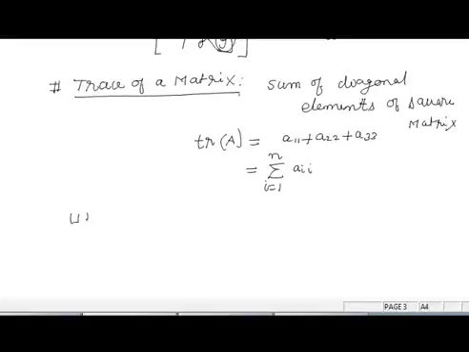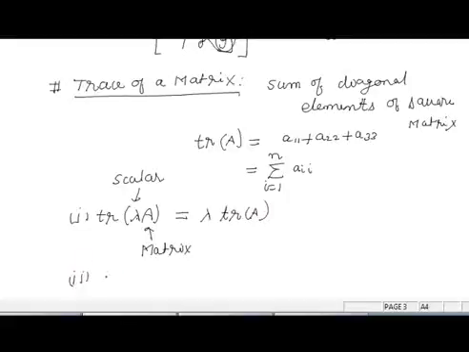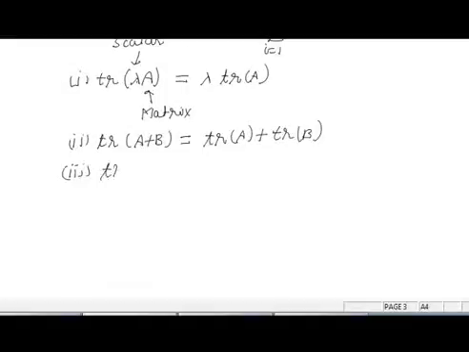There are certain properties of the trace of the matrix. First, trace of lambda times A, where lambda is a scalar and A is the matrix, is nothing but lambda times trace of A. Second property is trace of A plus B, the summation of two matrices, is nothing but trace of matrix A plus trace of matrix B. And the third property, trace of matrix AB is nothing but trace of matrix BA.